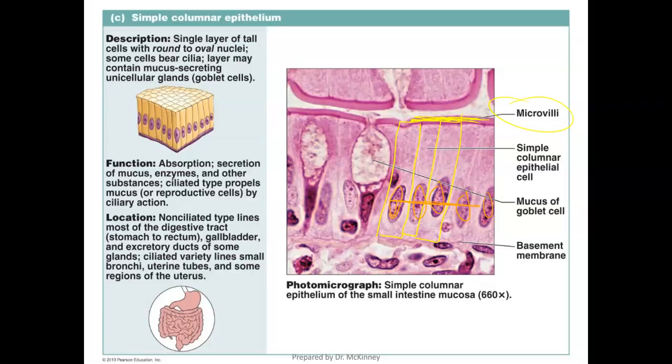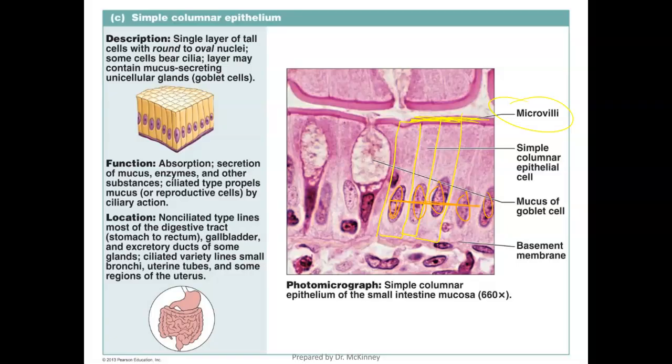We have non-ciliated columnar in the gallbladder and in excretory ducts of some glands. And then we also have ciliated versions of columnar epithelium. We see ciliated versions in the bronchi, so in the respiratory tract, in the uterine tubes, and then in some areas of the uterus. And the function of these is going to be absorption and secretion as well.